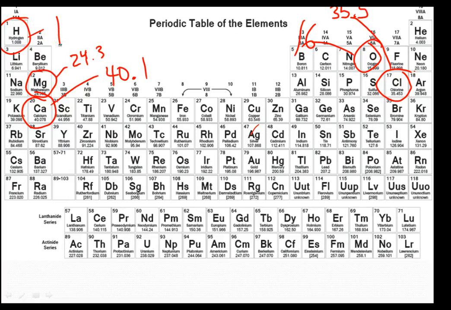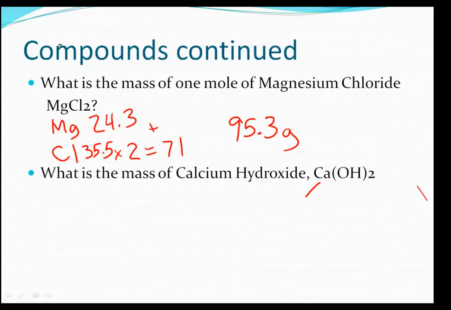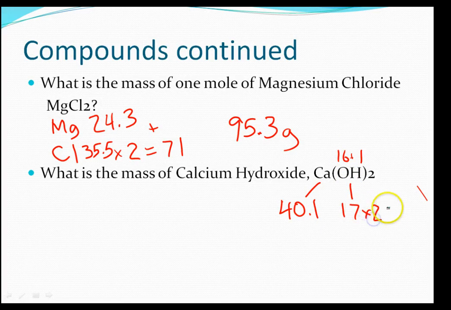All right, so I'm going to add all those up. My calcium was 40.1, my oxygen is 16, and my hydrogen is 1, so overall I have 17 inside the parentheses. I'm going to multiply that by 2, because I have 2 of them, to get 34 grams.